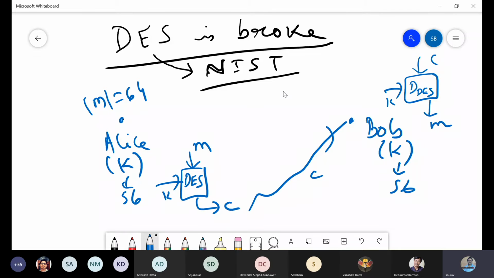Now the question is, the message may not have the exact size of the block cipher. Not only DES, this is for any block cipher. Suppose Alice has a message which is more than 64 bits. Bulk encryption means, suppose we are conducting a GATE exam, and IIT Kharagpur is coordinating for that.